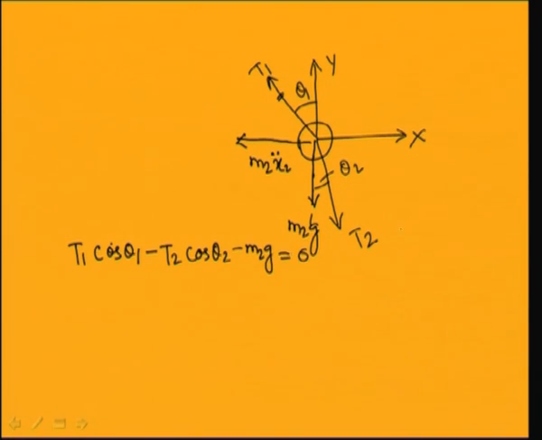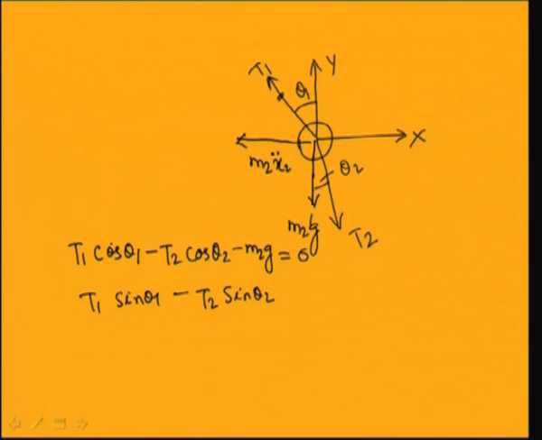So this is one equation, and the other equation in the horizontal direction will be T1 sin theta 1 minus T2 sin theta 2.